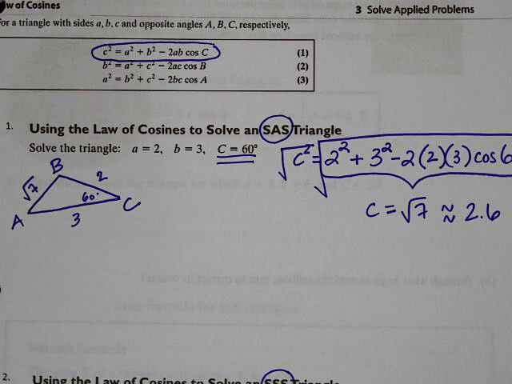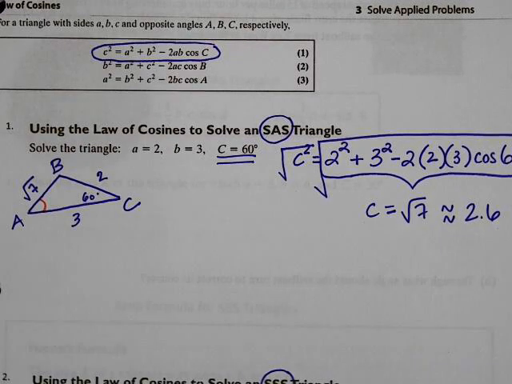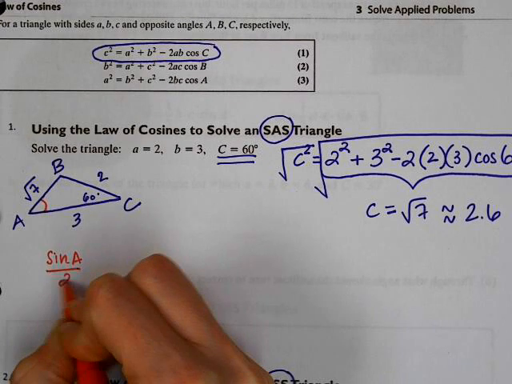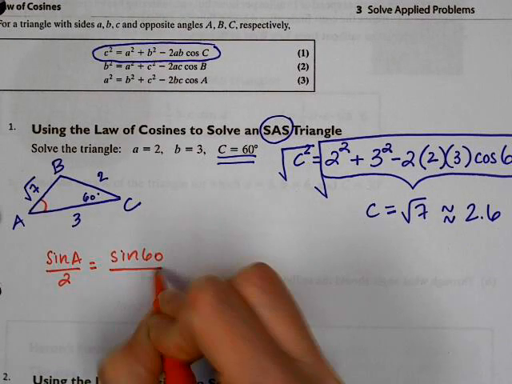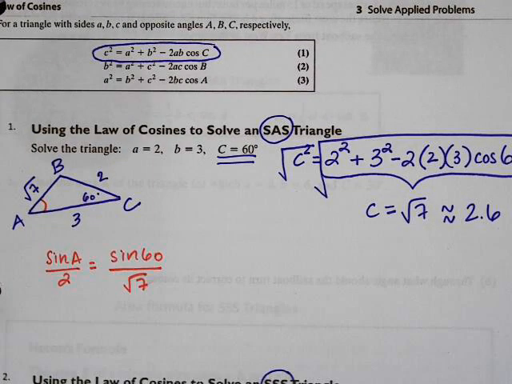Okay, so let me use a new pen here. I'm going to try to find angle A next by law of sines. Okay, so it's going to be sine of A over 2 equals sine of 60 over root 7. Okay, so I'm just using the A's and the C's.